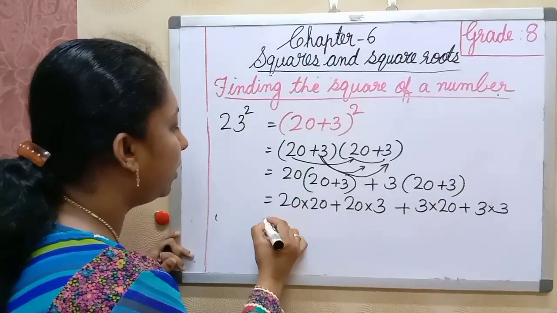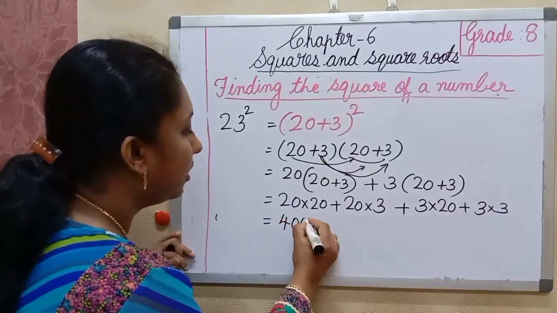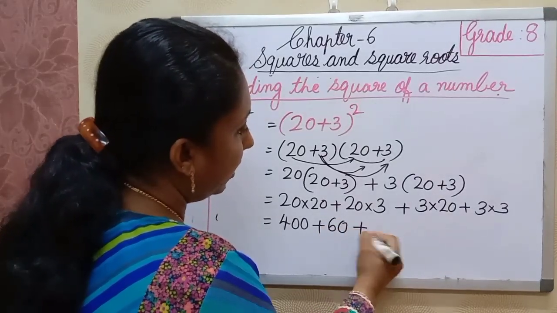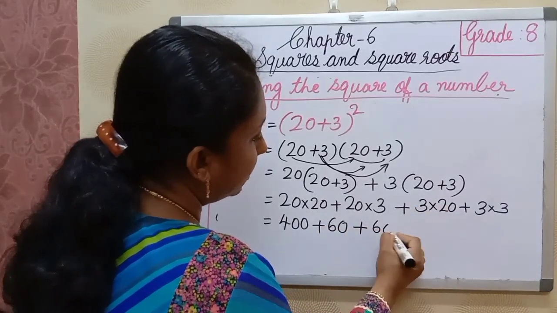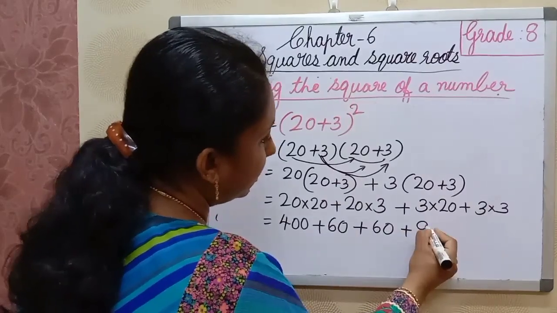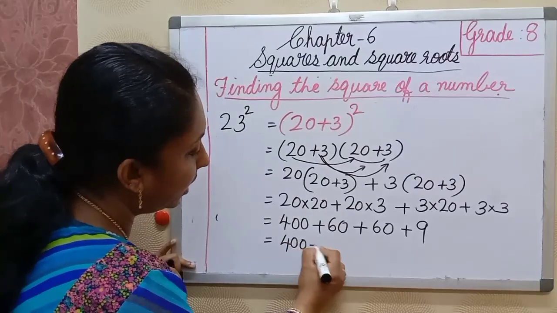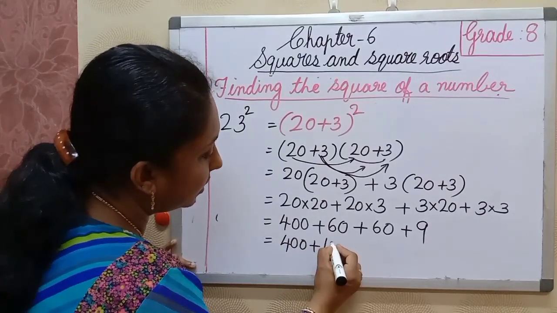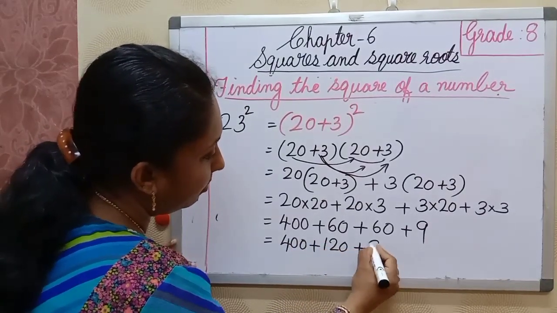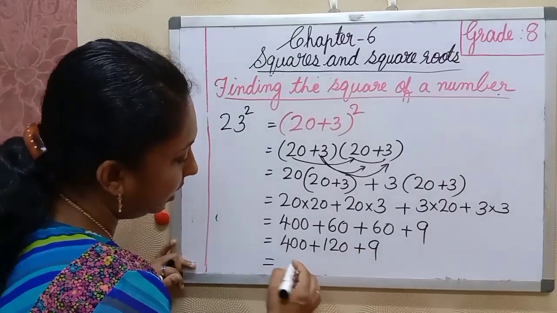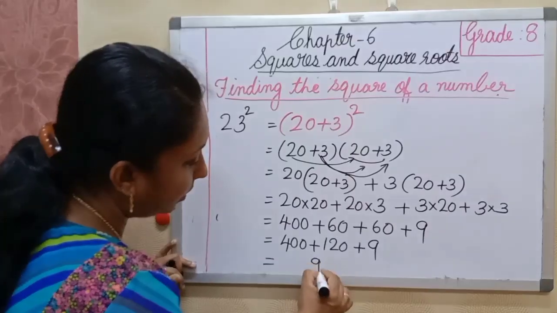Then 20 into 20 is 400 plus 20 into 3 is 60 plus 3 into 20 again 60 plus 3 into 3 is 9. Then that is 400 plus 60 plus 60 is 120 plus 9. 400 plus 129.